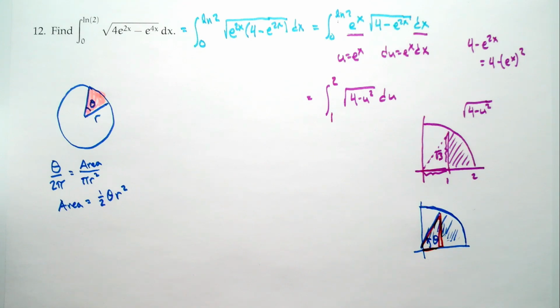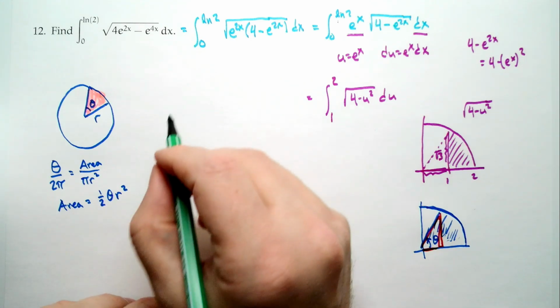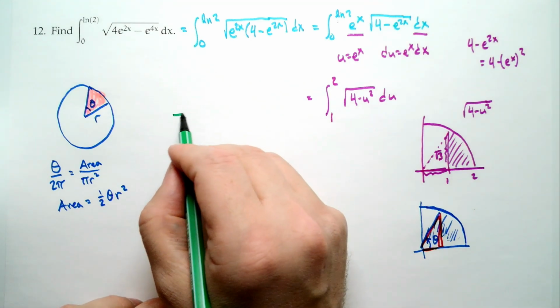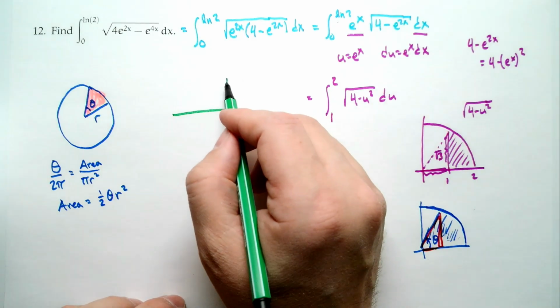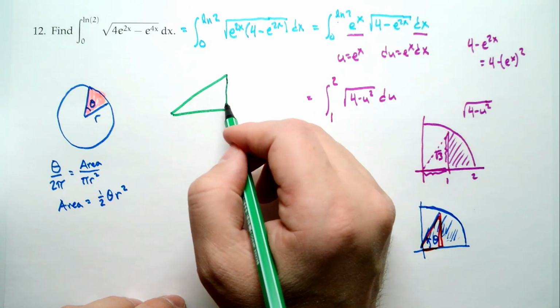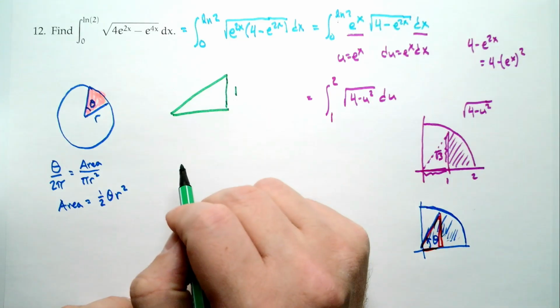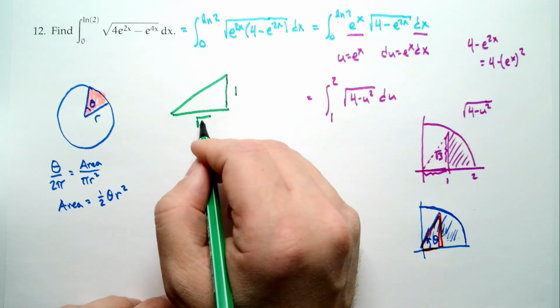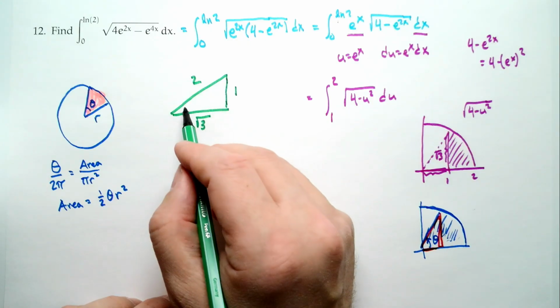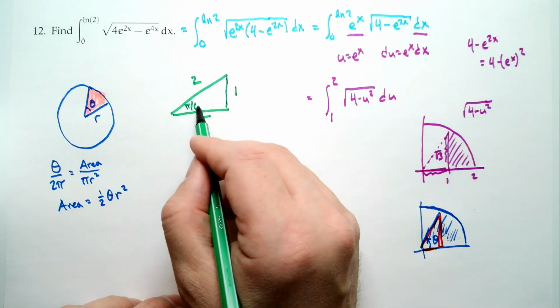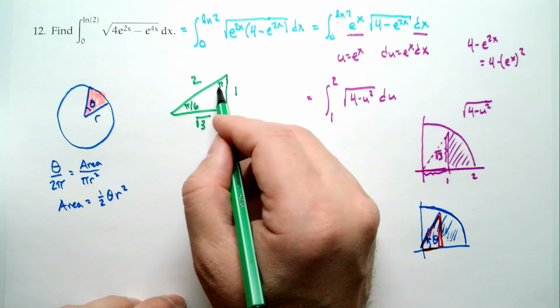So we go back. In fact, the angles involved are not just any angles. If you think about your trigonometry, you may have learned this triangle where you have a 1 here, a square root of 3 here, and a 2. Then the angles are, in this corner, pi over 6, and in this corner, pi over 3.